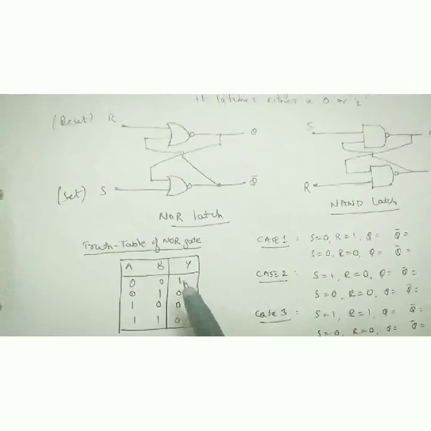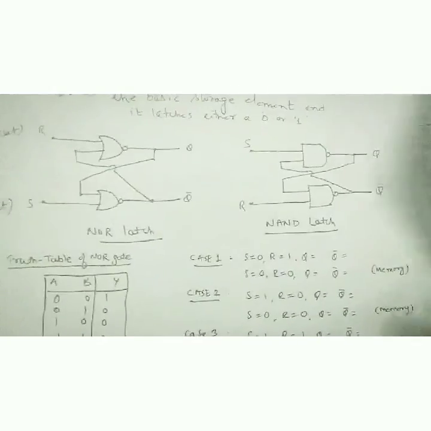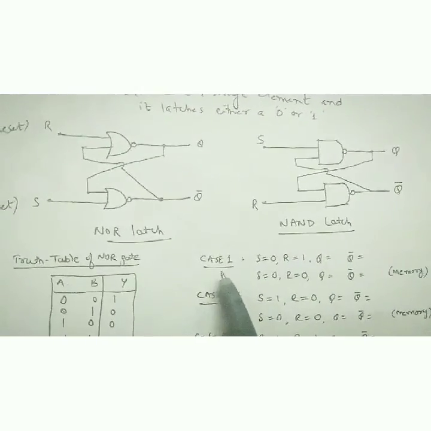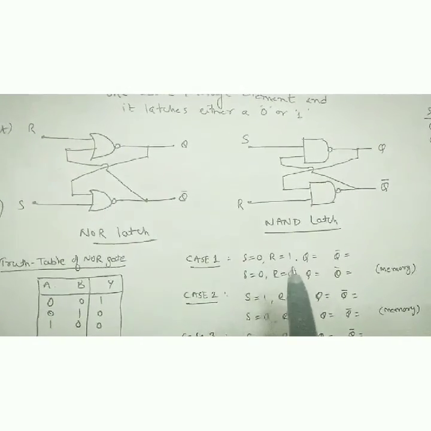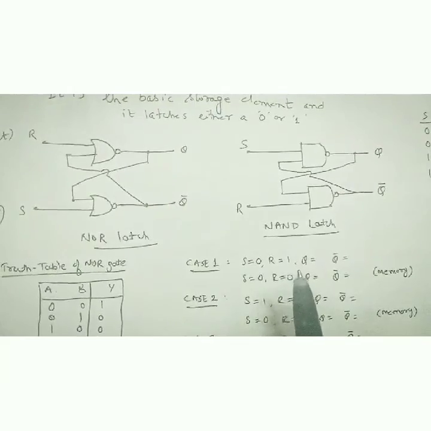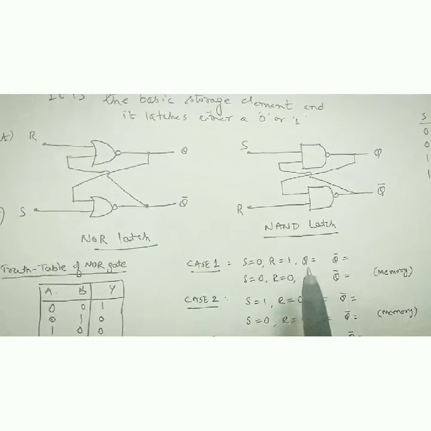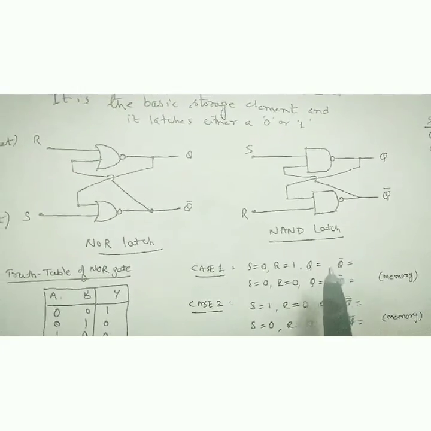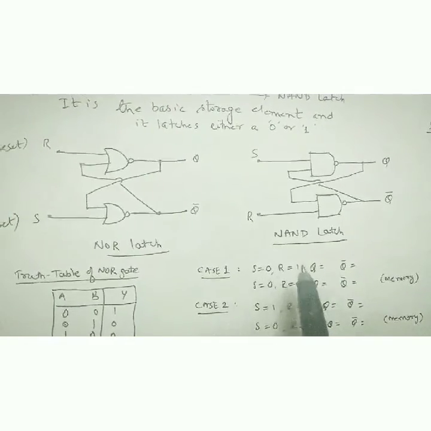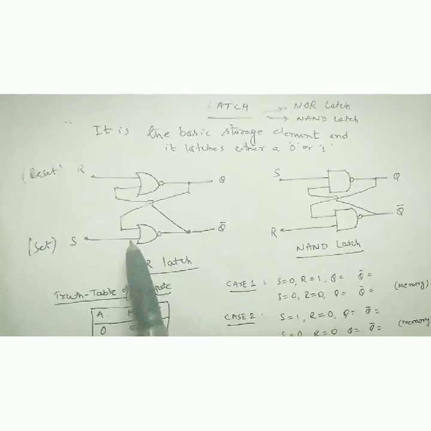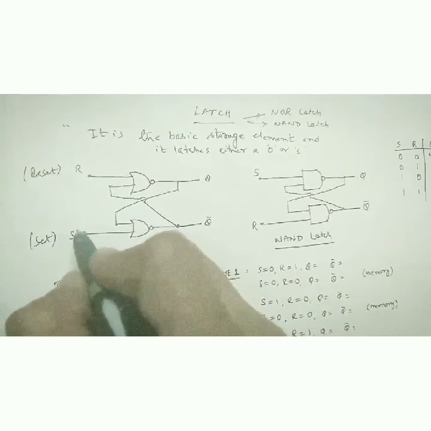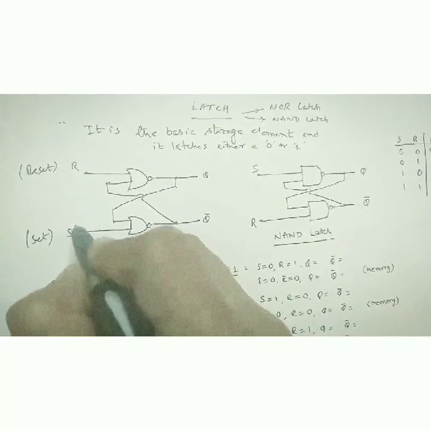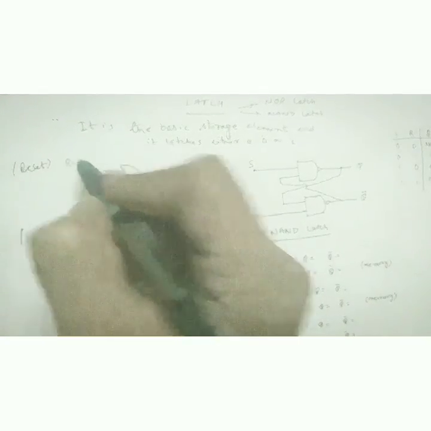Fine. Now let us take our case 1, in which we are going to make S equal to 0 and R equal to 1, and now we have to see what the outputs Q and Q bar will be. Here I am writing the first case: S is equal to 0, R is equal to 1.